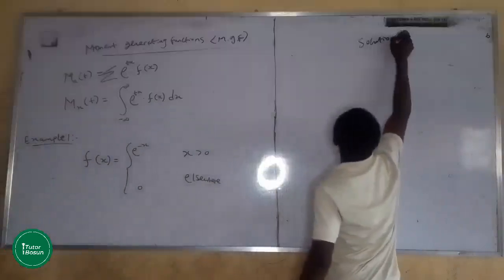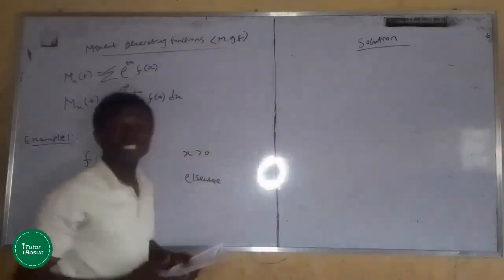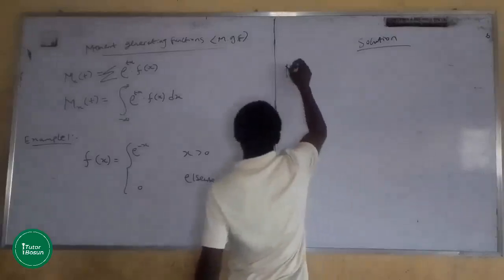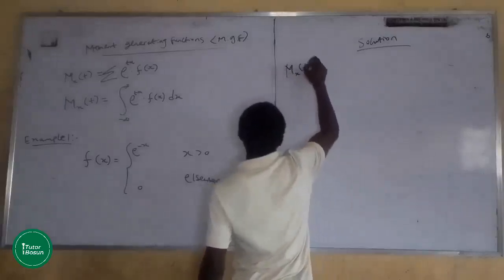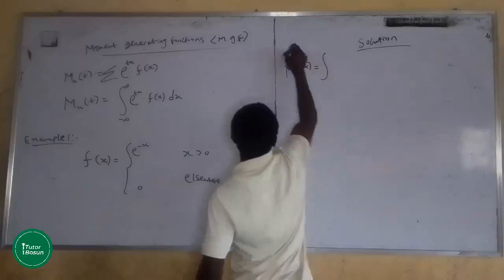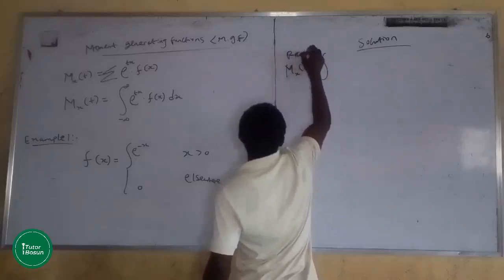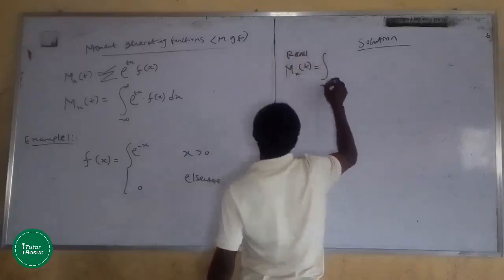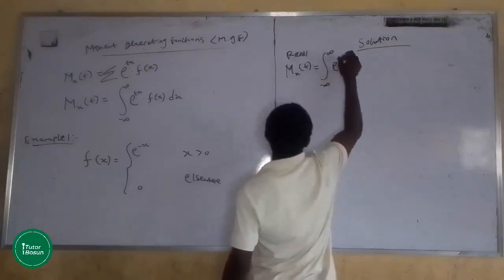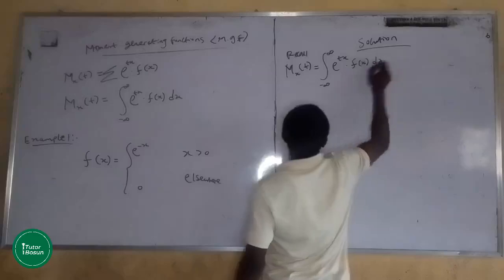Solution. We begin with f of x, and as you can see, it's a probability density function. So your moment generating function, M of t, for a probability density function is, recall, the integral from minus infinity to infinity of exponential tx multiplied by f of x dx.